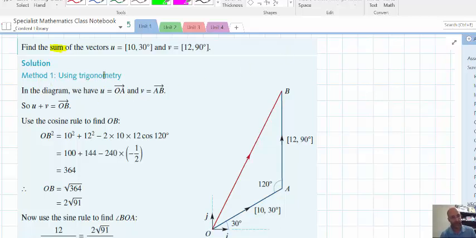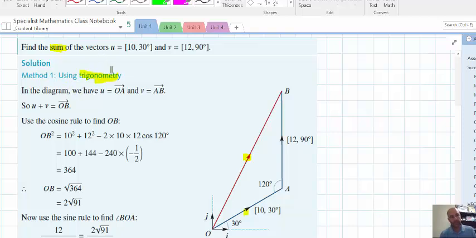I'm going to show you two methods that do the same thing, and the first one's using the sine and the cosine rules. So using trig basically in the first one, and this might be something you see from a math methods perspective, but they won't do vectors in math methods.